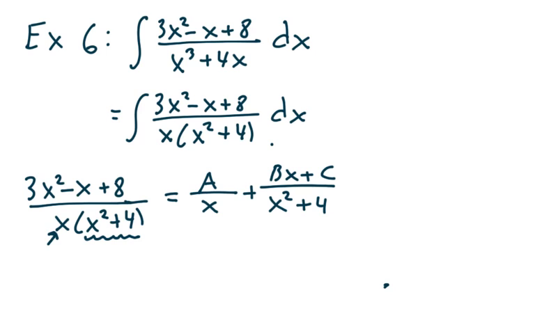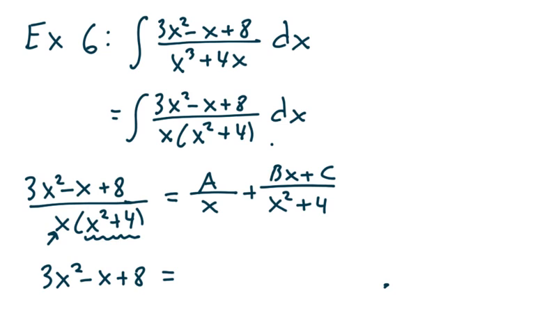Now, that doesn't mean B can't be 0. It's very possible B can be 0, and that's fine. But that's not always going to be the case, so you have to account for that. Okay? And likewise, C can be 0. That's legal as well. So what ends up happening is you get 3x squared minus x plus 8 on the left side.